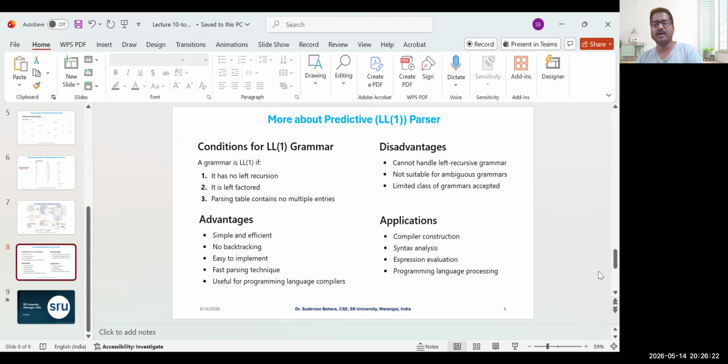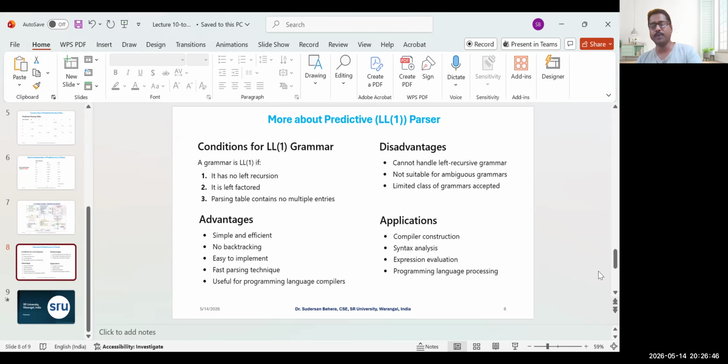And what the different phases available in the compiler are, and how the compiler works as a language processing system. What are the different phases of a compiler?